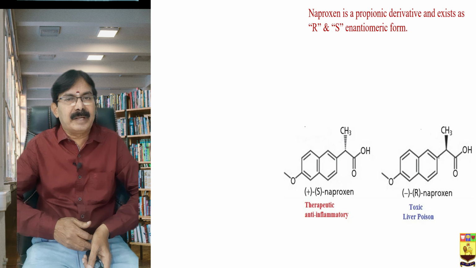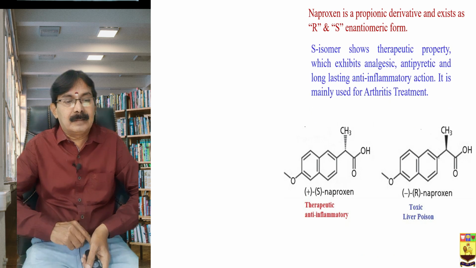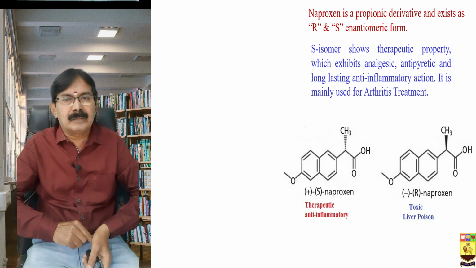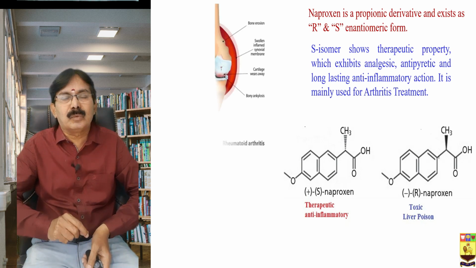The S isomer has a therapeutic property which exhibits analgesic, antipyretic and long-lasting anti-inflammatory action. It is mainly used for arthritis treatment. And on the other hand, R-naproxen is toxic to the liver.